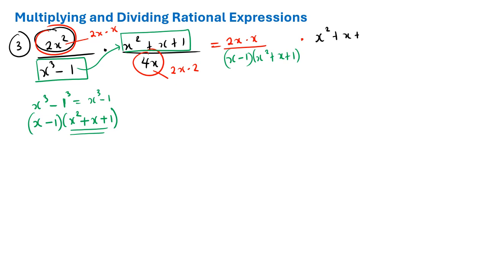So x plus 1, probably just keep that together in brackets like that. And then for the 4x, I suggested that you can do that as 2x times 2. All right, so now I'm ready to cross out the factors that I see that are common. So I can cross out this 2x versus this 2x, and I can cross out this x squared plus x plus 1 and x squared plus x plus 1.